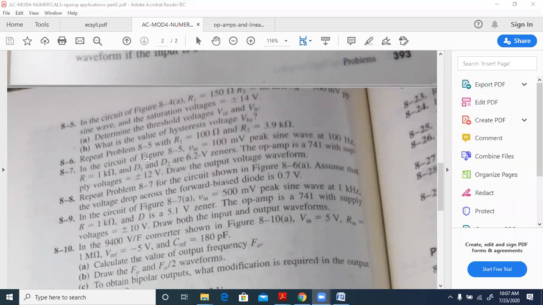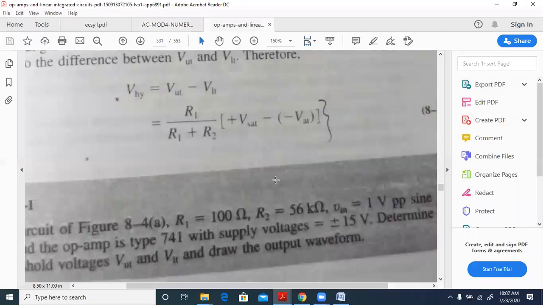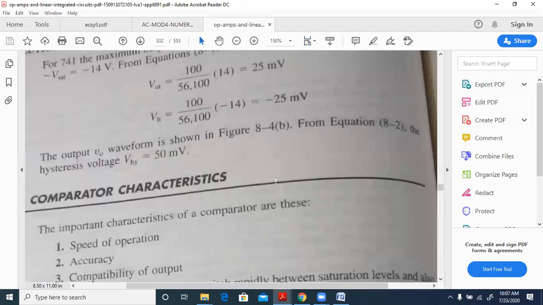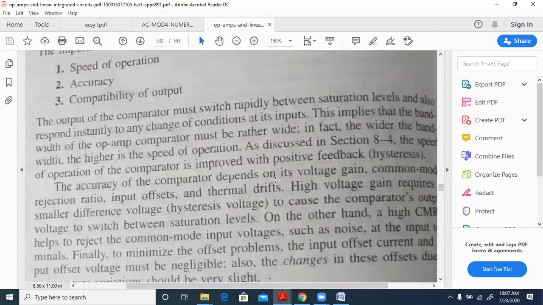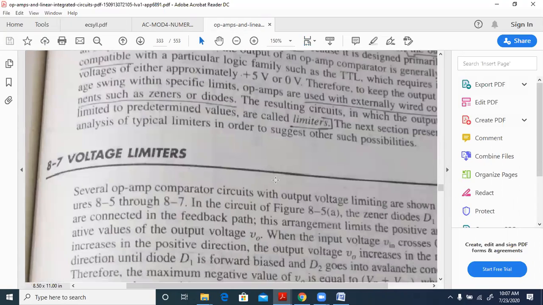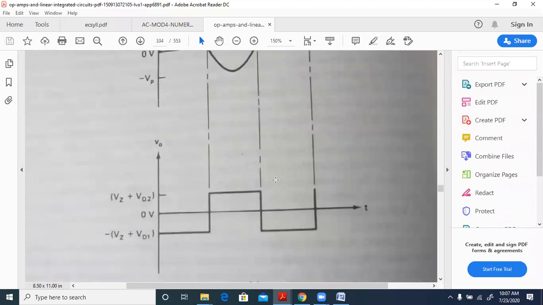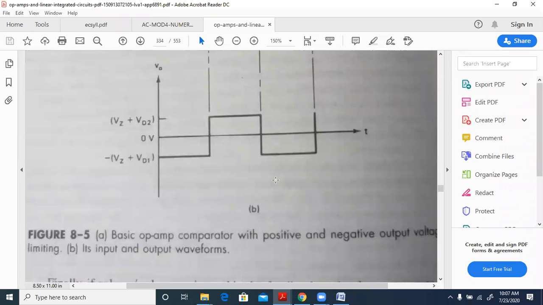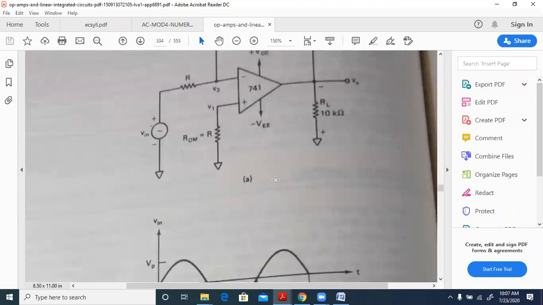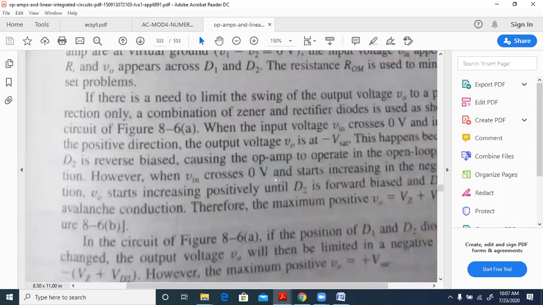I think we don't have this in our syllabus. Let us see what 8.5 is. Yes, this is out of the scope of the syllabus, so we need not bother about this.